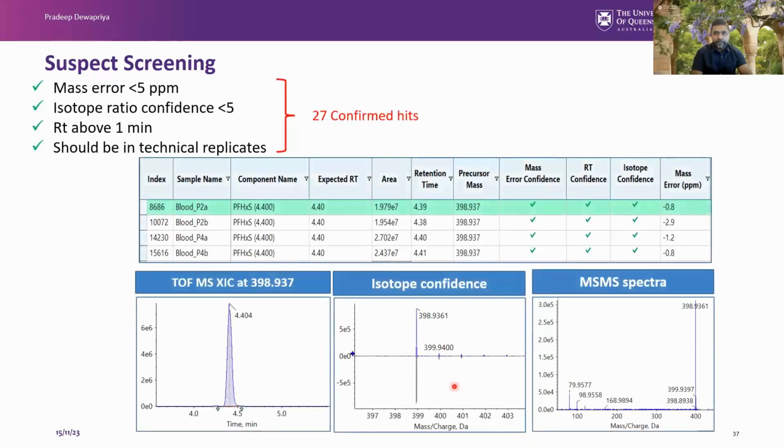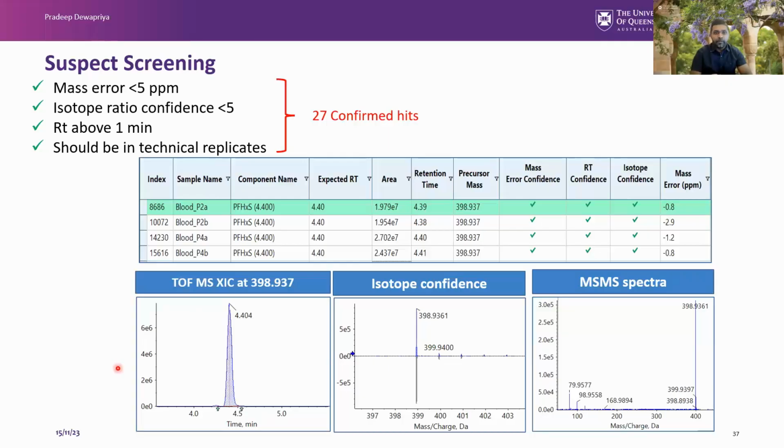Again, the suspect screening was carried out with rule-based filtering. These are the basic quality control parameters we applied to filter the suspect hits. Based on these quality criteria, 21 suspects, including PFAS that were identified in library search, were identified.